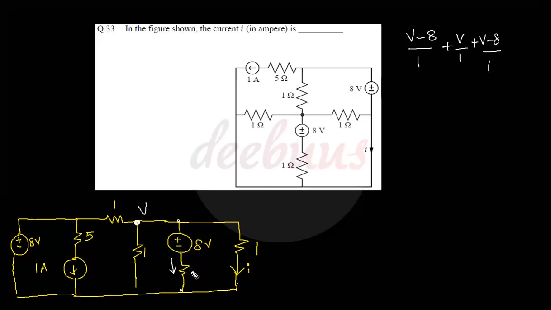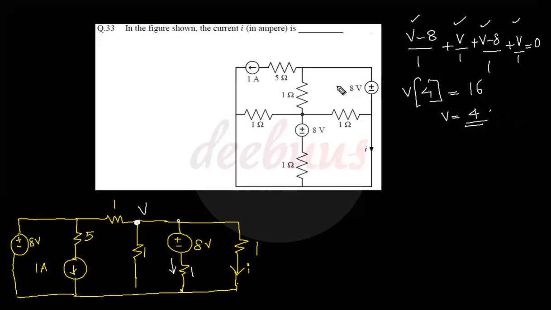We have to calculate the current flowing through this 1 ohm, which is V minus 8 by 1, because the voltage drop across the 1 ohm is V minus 8, and dividing by the resistance gives the current. So V minus 8 by 1 plus V by 1 equal to 0. So 4 V's equal 16 and V equals 4 volt.